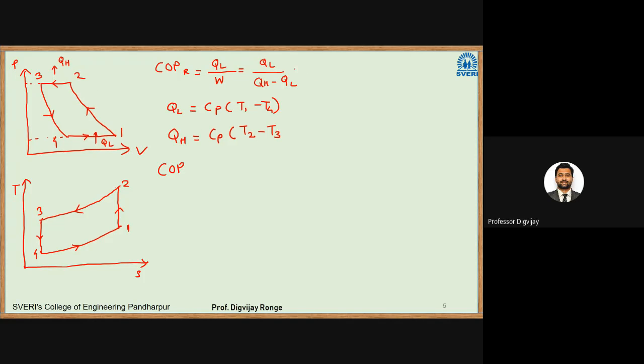Now I will put this in the formula for COP. Let us say this is equation 1. I will put all these values in the formula. So what I will get is Cp (T1 minus T4) divided by Cp (T2 minus T3) minus Cp (T1 minus T4).